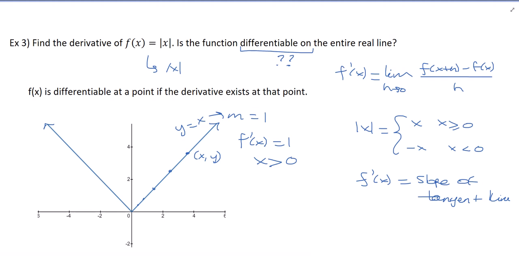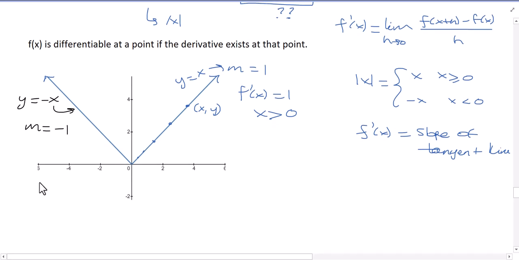And what is it over here on the other side? This is our function x when x is greater than or equal to 0, negative x when x is less than 0. So this is the line y equals negative x, and the slope here is negative 1. So that means that f prime of x is negative 1 when x is less than 0.